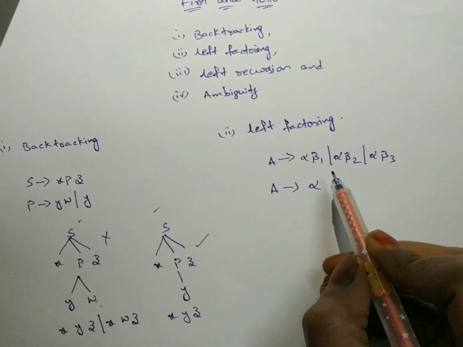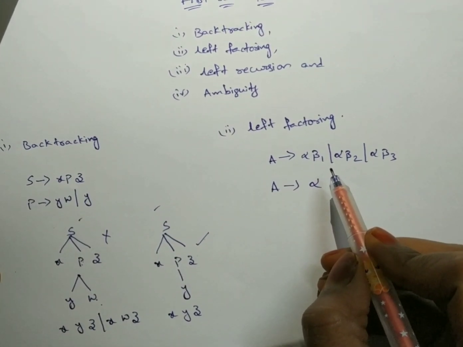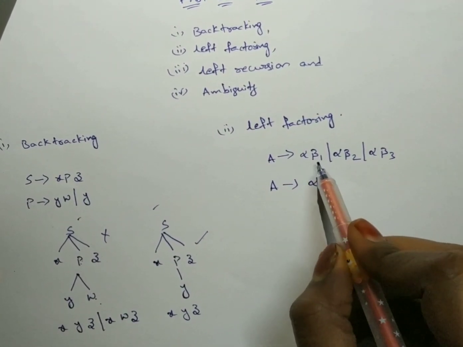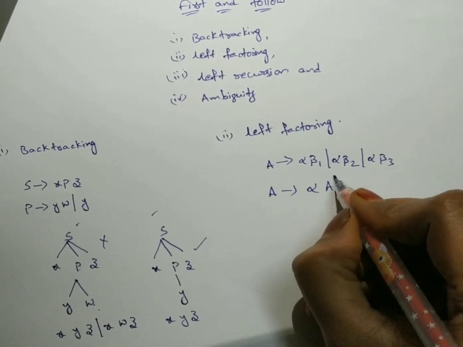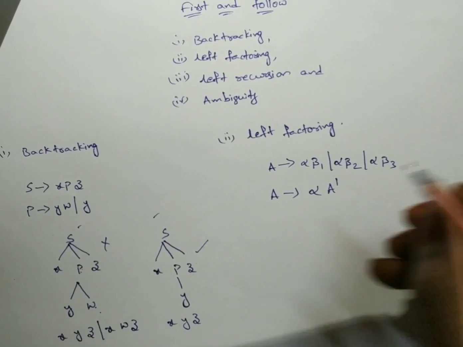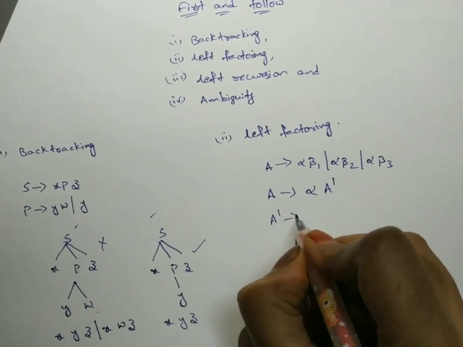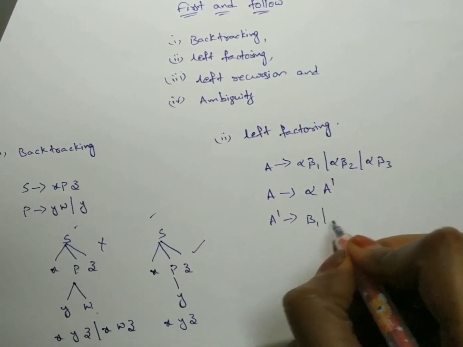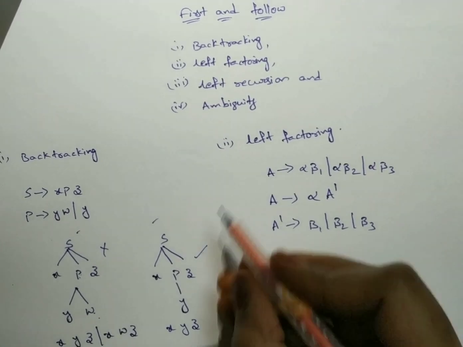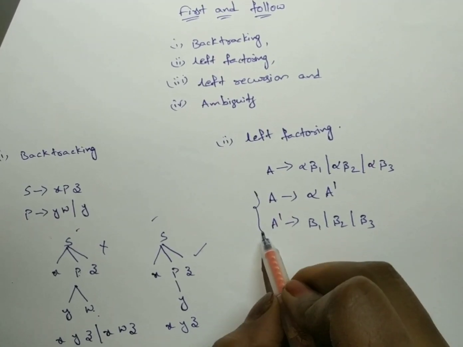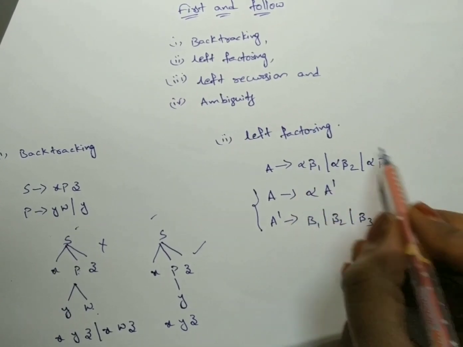So I am taking alpha as common and I am treating beta 1, beta 2 and beta 3 as A dash. A dash represents beta 1, beta 2, beta 3. If we consider these two steps, we do not have the left factoring condition.